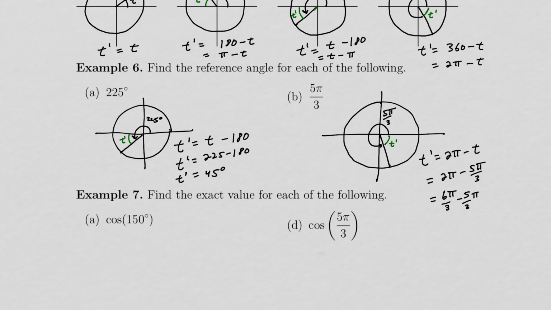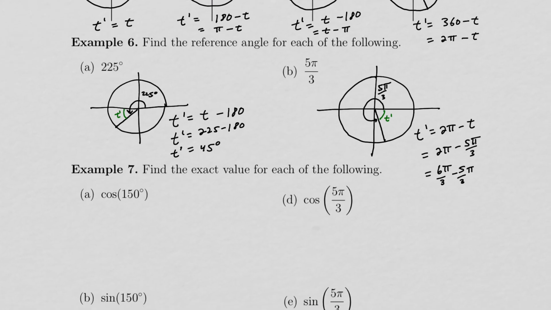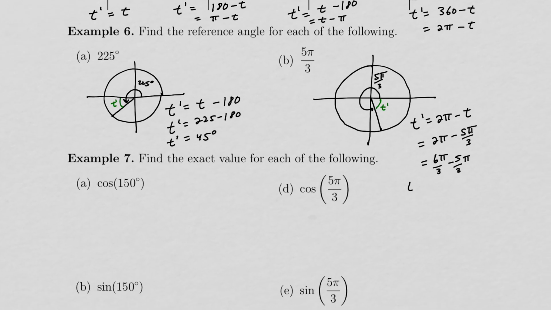So that's just going to be 1/3 pi, or pi over 3. So in this case my reference angle is pi over 3. This angle right here is pi over 3, and this one over here was 45 degrees. So you can always find the reference angle. It's just the angle that the terminal side makes with the x-axis. That's the way to think about it.